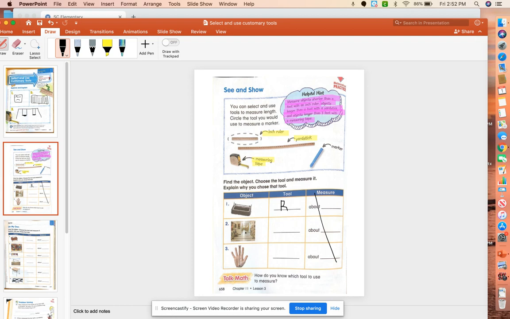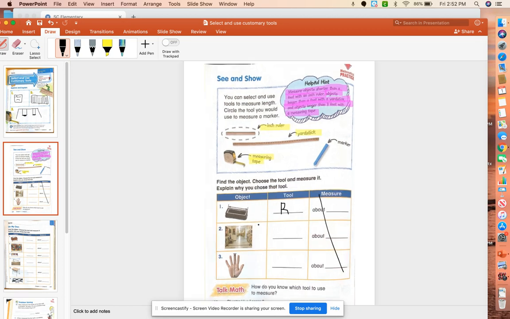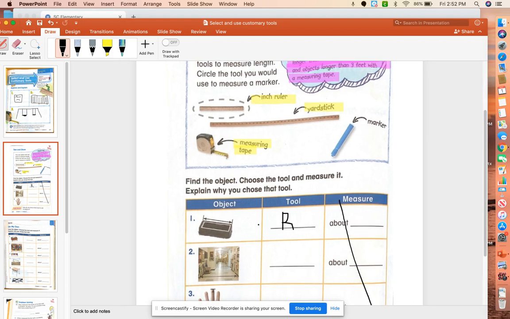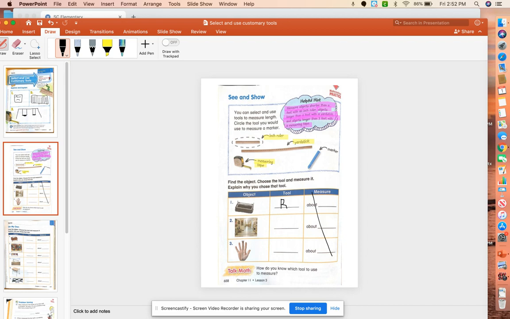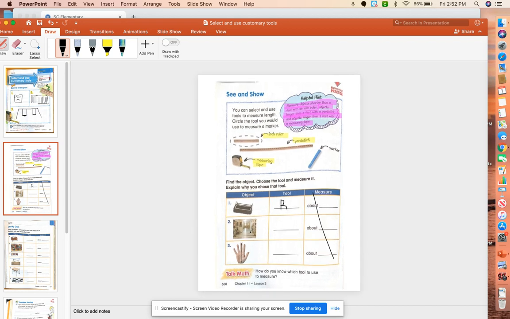Number two, that's a picture of, I think, a hallway in a classroom. I guess I should zoom in to see. Yep, I think so, a hallway somewhere. And so this hallway, what do you think would be a good tool to use to measure the hallway?